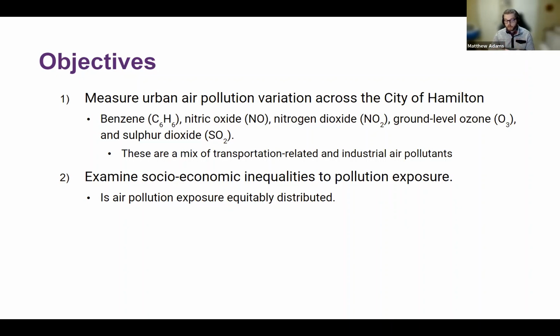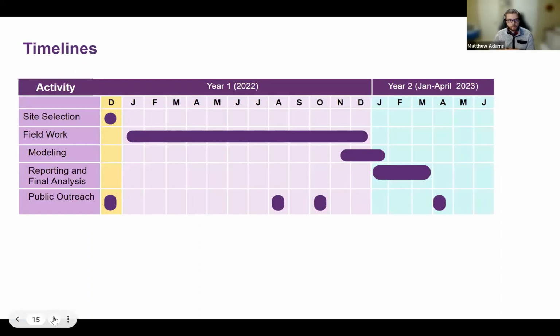And so you end up having these stratifications. Naturally, we believe that air pollution is an issue, but at the very base level, it should at least be equitably distributed. No individual should be exposed to more pollution simply because of a lower income or because they are new to Canada. But we are trying to figure out, do these inequalities exist in this sampling? All right, so we can go to the next slide.